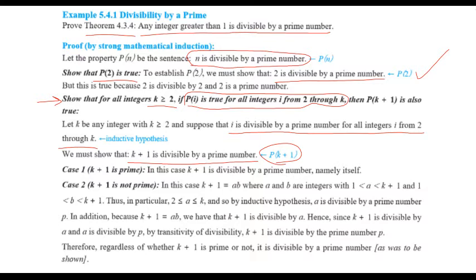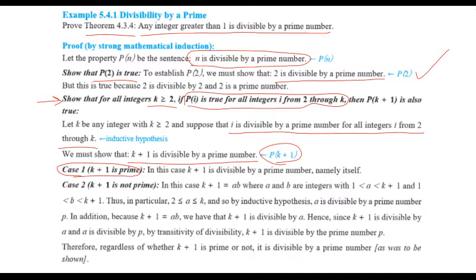Okay, so in order to prove the inductive step, we use direct proof with proof by division into cases. We consider two different cases. In the first case, let's assume that k plus 1 is prime, and in the second case, let's assume that k plus 1 is not prime.